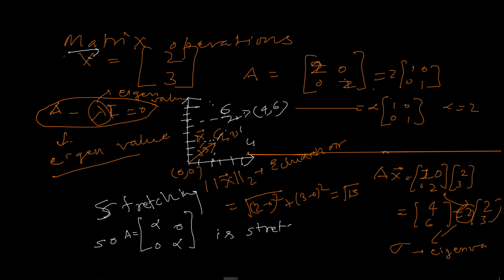That's why whenever you are going to consider the eigenvalue, A minus lambda I equals 0. If it is 2 cross 2, lambda I is also 2 cross 2. That means by the same factor you are multiplying. Here lambda is the factor times 1 0 0 1.